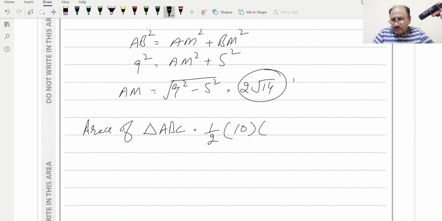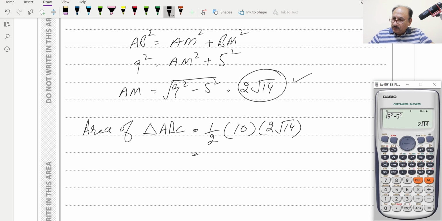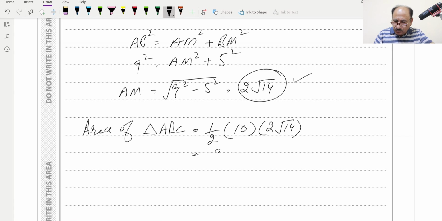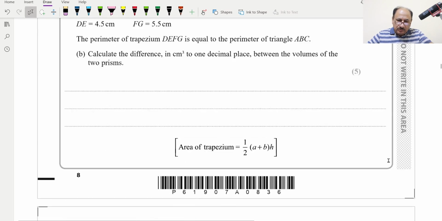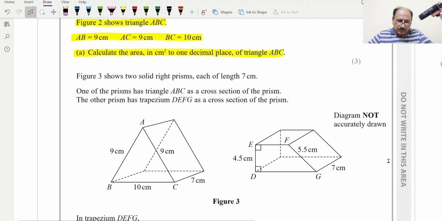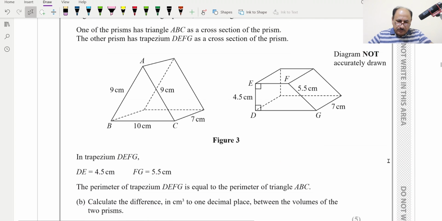The base is 10 and the height we just calculated is 2 root 14. So 0.5 into 10 into 2 root 14 is equal to 37.4 up to one decimal place. So 37.4 will be our final answer, and this will be in centimeters squared.